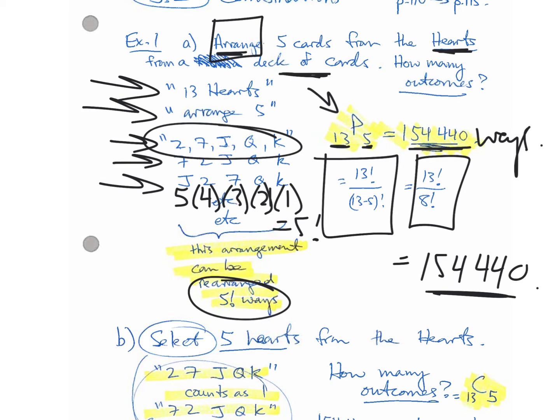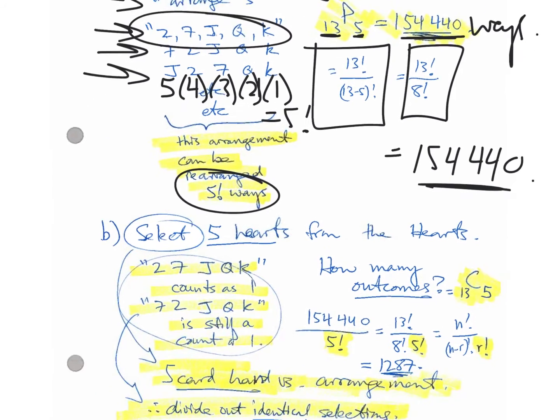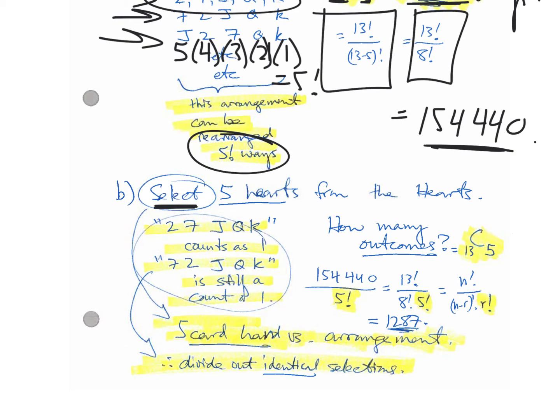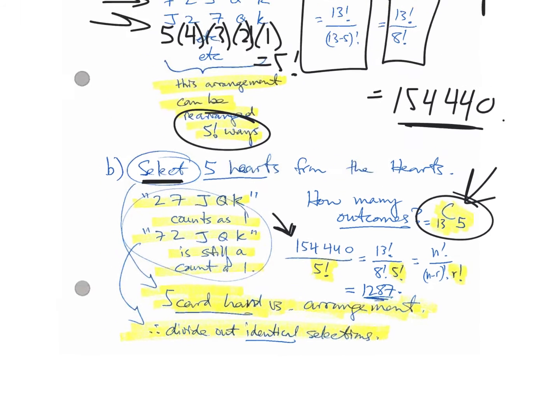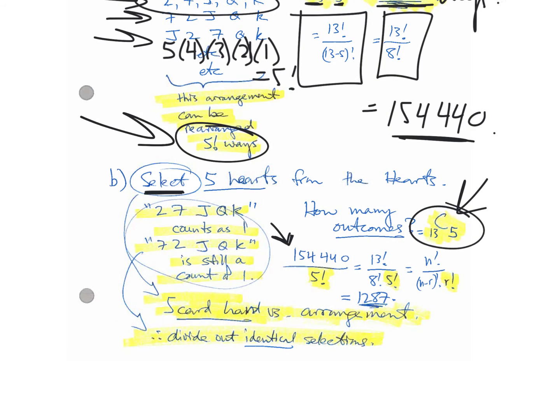Now, if we take this same scenario where 5 cards are being taken from the 13 cards, but not as an arrangement, just a selection, then to select 5 hearts the quick calculation is 13 choose 5 combinations, because order is not important anymore. But let's dive into this a little deeper. Let's take the permutation calculation of 13 permutation 5, and recognize that the 5 factorial ways for these selections to be rearranged are included in the permutation count.